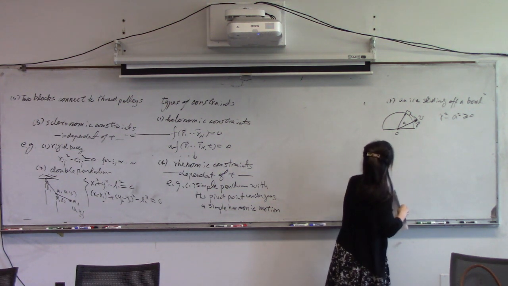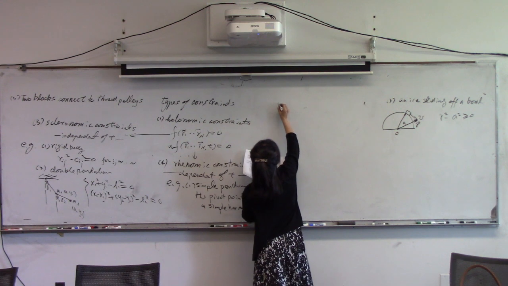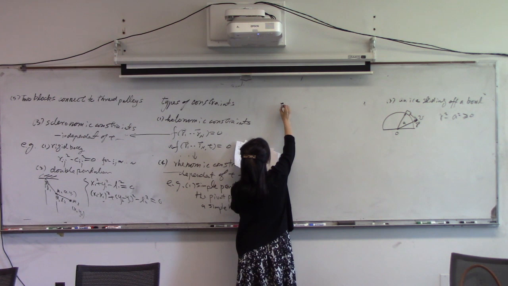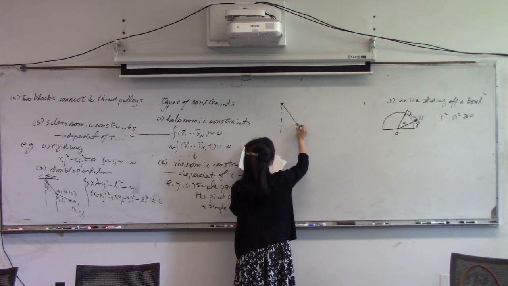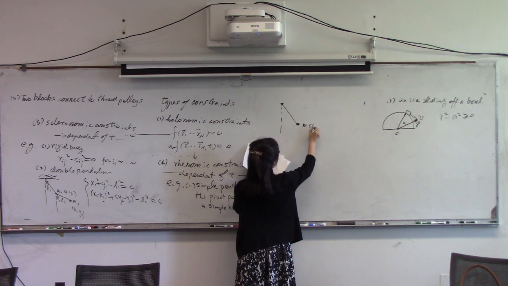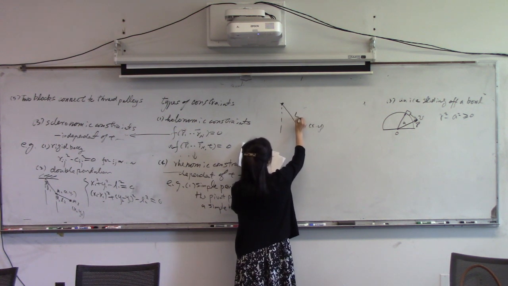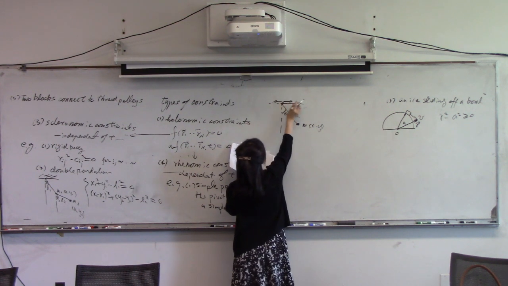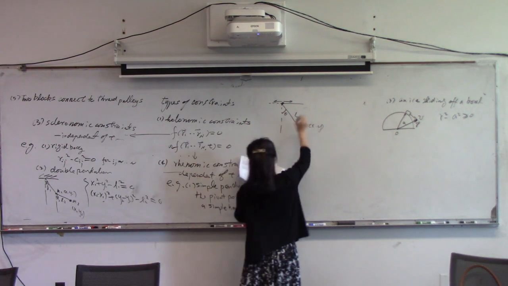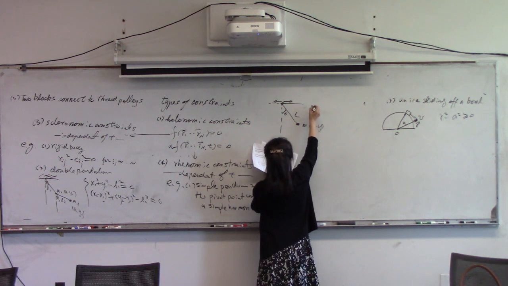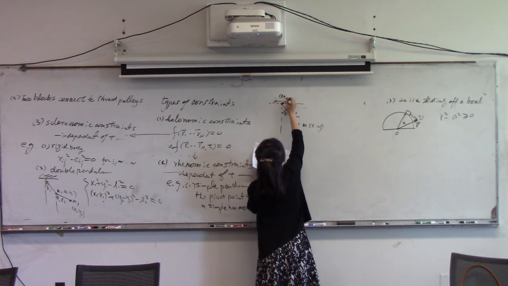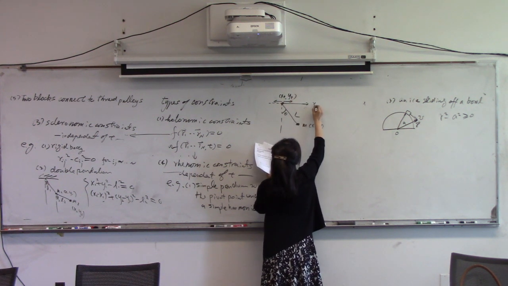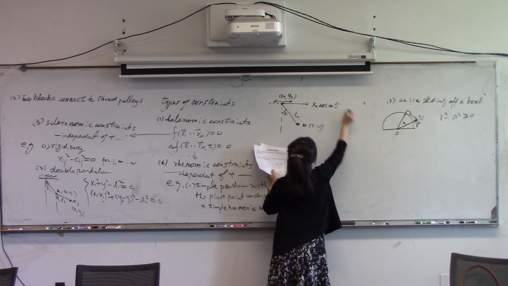It looks like this. Still a simple pendulum, but say this is the pivot point, and we have the simple pendulum here, mass M at X, Y, with length L and angle theta. Now this pivot also moves, oscillating like X(t), Y(t), which is like X naught cosine omega t.